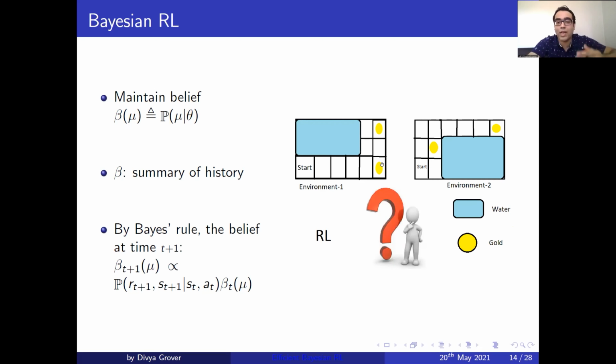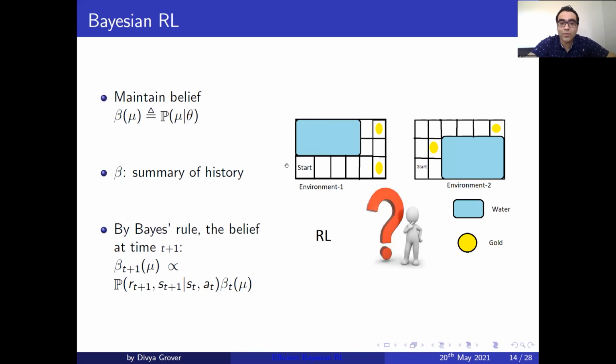But essentially what happens is that, let's say the agent decides to go towards the top, towards up, and the agent doesn't experience any drowning, so he's still alive. So instantly he can update his belief to probability of being in this environment to 0 and probability of being in this environment to 1, because he's still alive. He didn't drown.